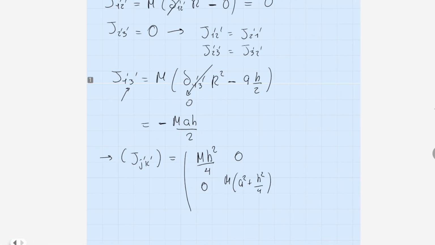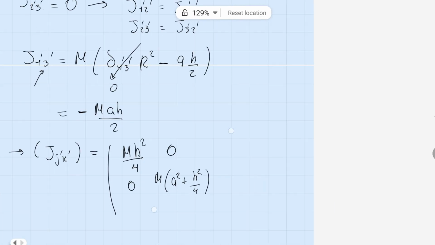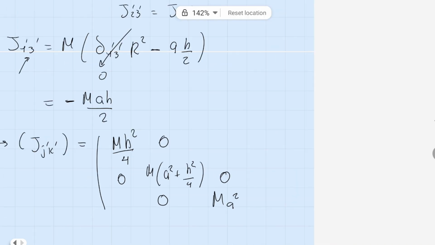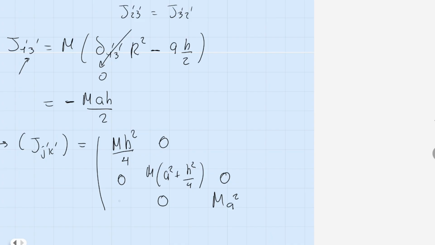And the 33 component was m a squared. Then remember that here we are working on the second column, so this is 0, and here on the second row, it is also 0. And for this one, we need to take the component that corresponds to row number 3 and column number 1, which is this element over here. So this is minus m h divided by 2 and minus m h divided by 2.